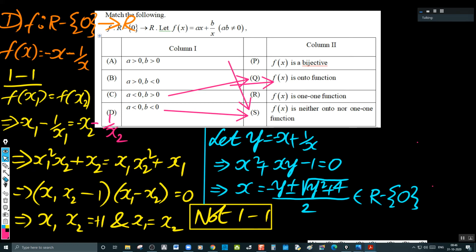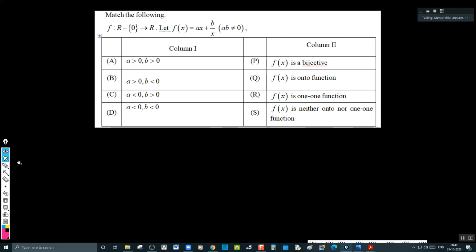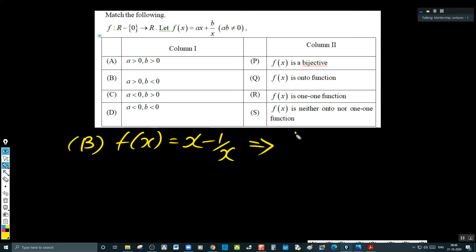Just listen to what I'm saying. If I take the second case, for example B, I can take f(x) as x minus 1 by x. Are you there, everyone? My doubt is, if you take f dash x, what is f dash x? 1 plus 1 by x square. Is it perfectly positive or not? Yes.